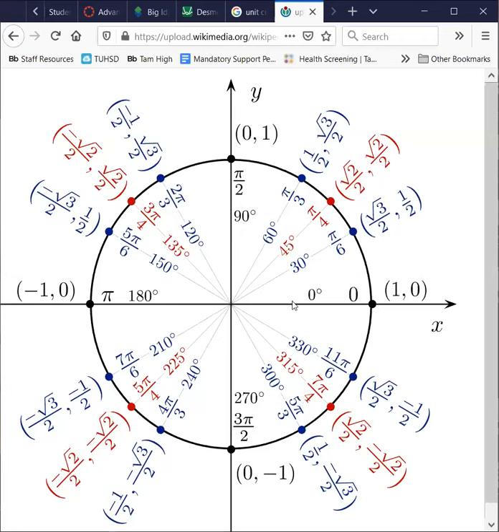So if we go to our unit circle, so tangent of 60, we look at 60, we can see our point right there, which is 1/2, root 3 over 2. Let's write that down.